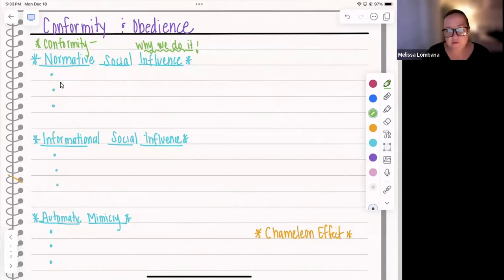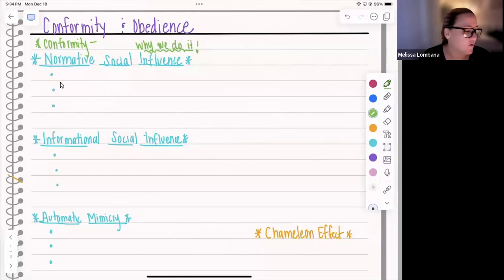And so the first thing is going to be the normative social influence. This is one of those words that College Board loves to use. And I always tell my students, just break it down into the words, right? Normative, just think of the norm, like the social norm. And then we have social, which is group. So it's the norm of the group that's going to influence, right?